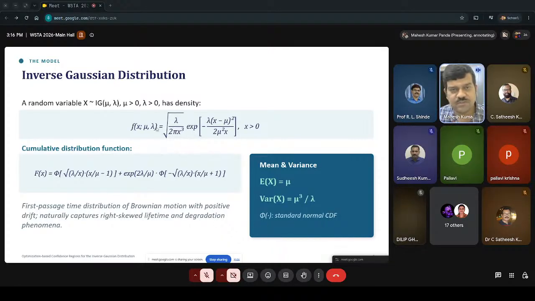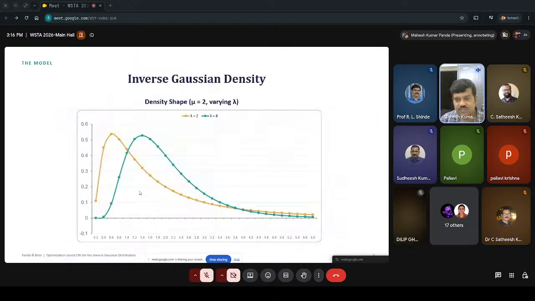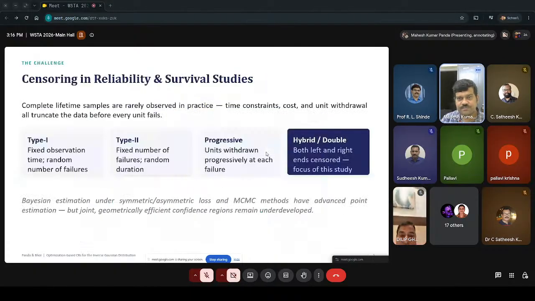The expectation is mu, and the variance is mu cubed over lambda. As I told you previously, this distribution was introduced as the first passage time distribution of Brownian motion with positive drift. This is a simulated plot showing what the inverse Gaussian density looks like.